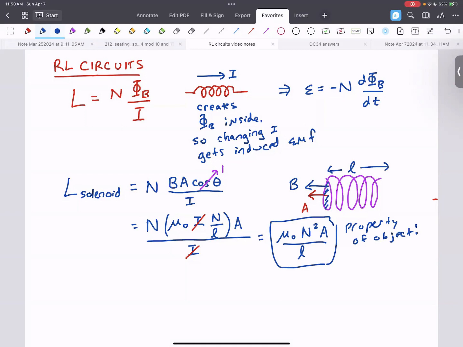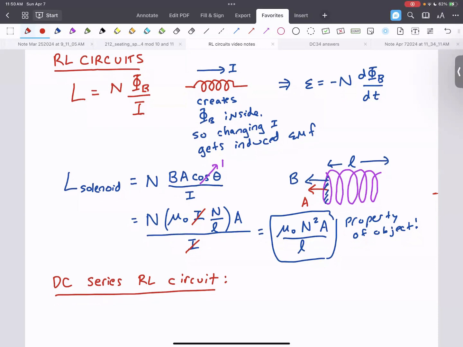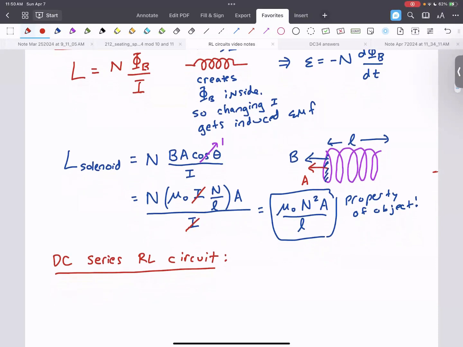When we talk about RL circuits, we're going to look at direct current, so DC. We're not going to do AC circuits in this class at all. I'm going to look at a series RL circuit, meaning that I'm going to put a resistor R in series with an inductor L in a direct current circuit.